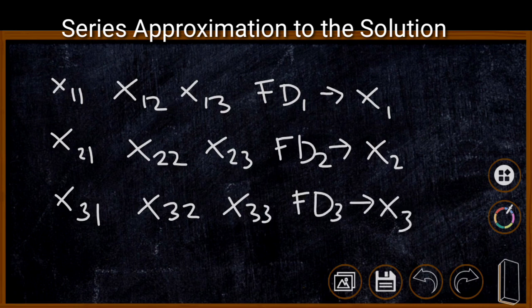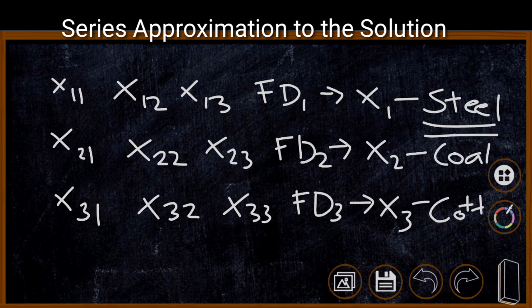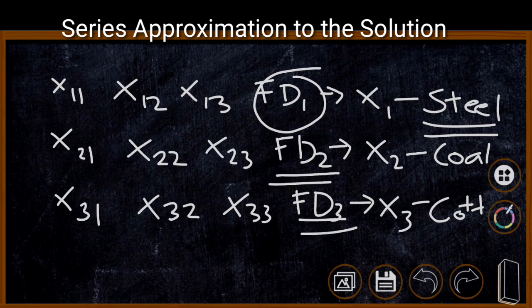Let us assume that the first sector is steel, the second sector is coal, and the third sector is cotton. Here the total output of steel can be calculated from the final demand for steel plus the component of steel in final demand of other goods plus the quantity of steel used to produce these final outputs by coal and cotton.